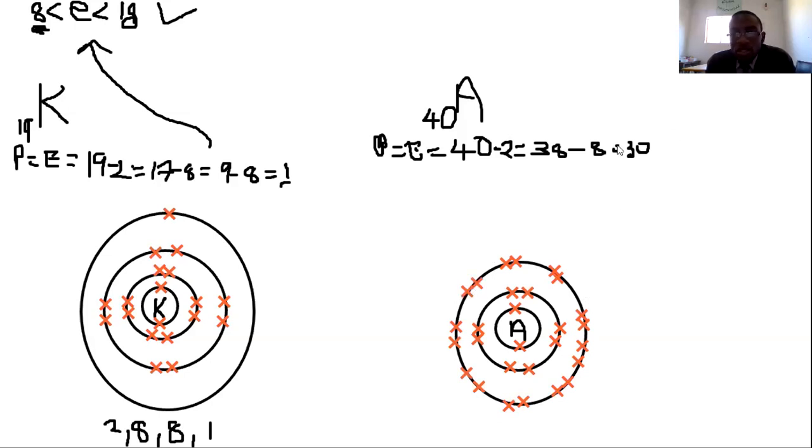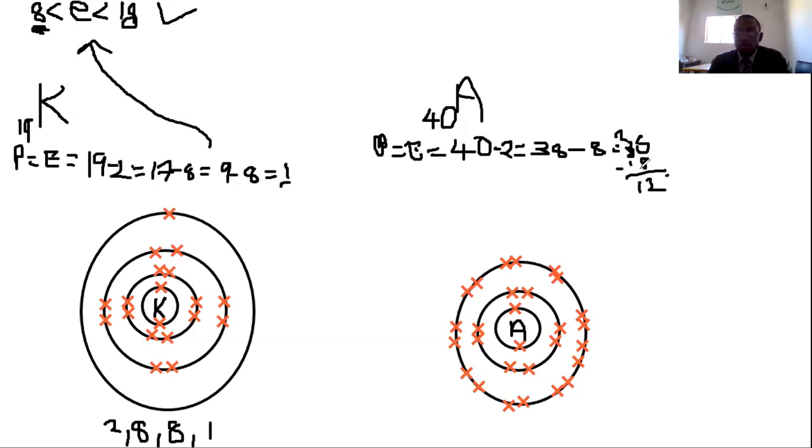So we subtract the 18 from the 30. We remain with 12.